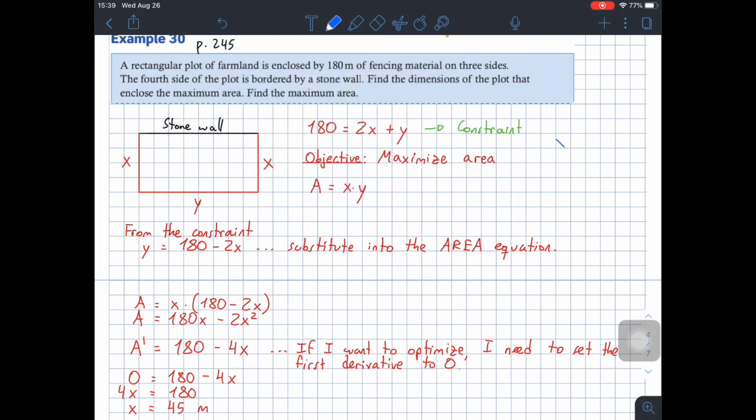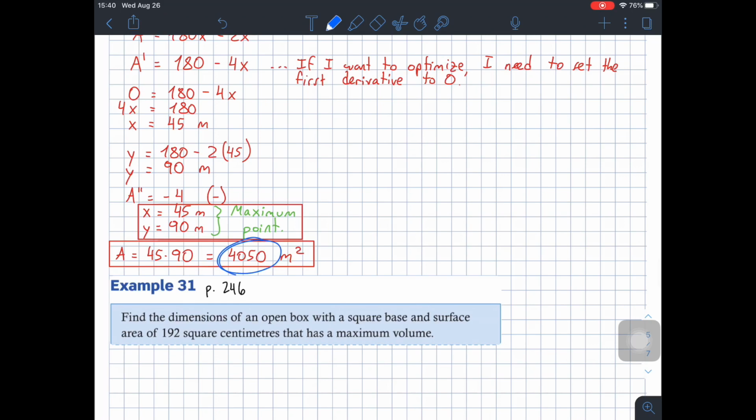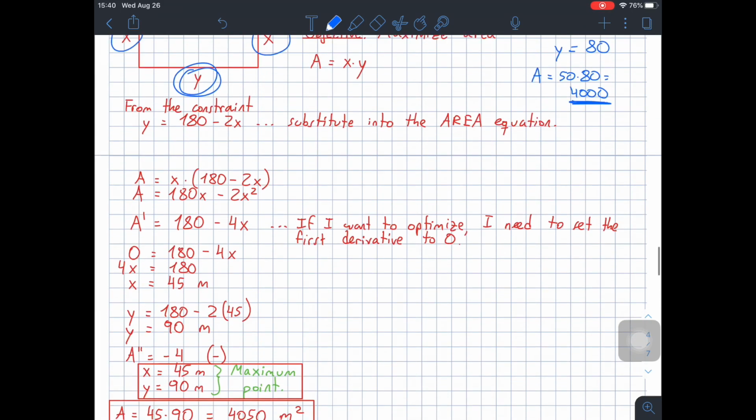If we say that, for example, x is equal to 50, then y should be equal to, this is 50, 100, so we only have 80 meters left, so y is equal to 80. If I calculate this area, 50 times 80, this gives us 4,000. And 4,000 is a value that is less than 4,050, okay?